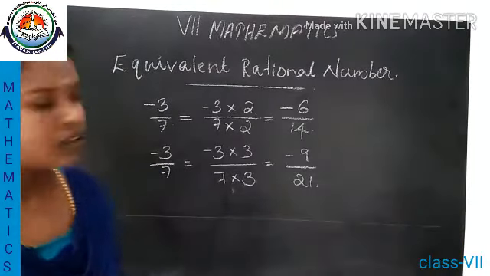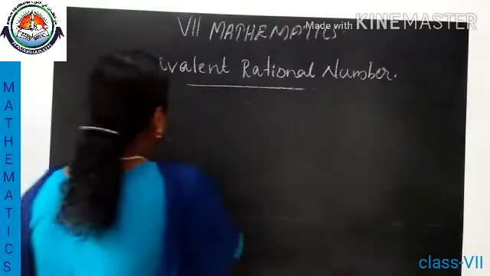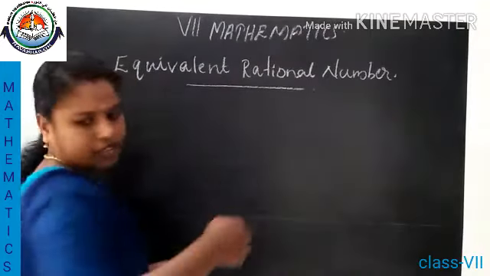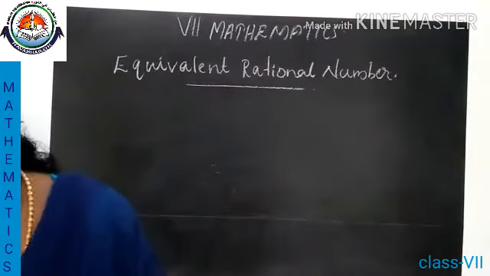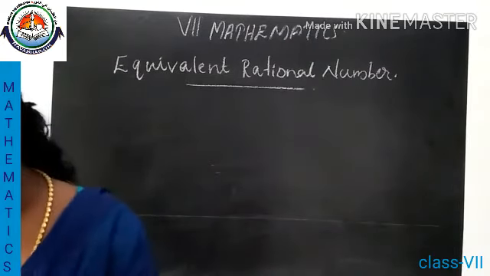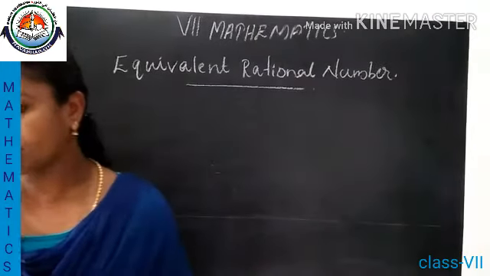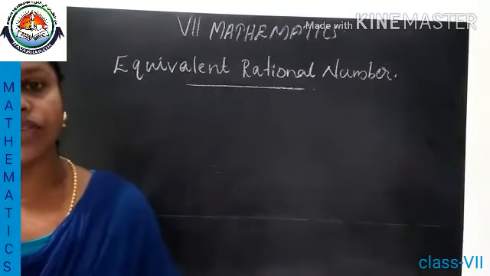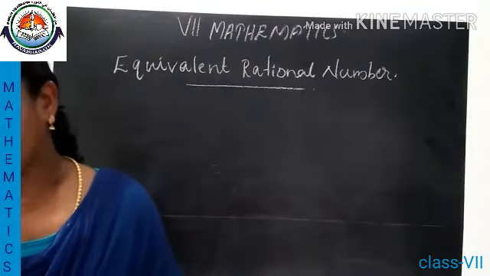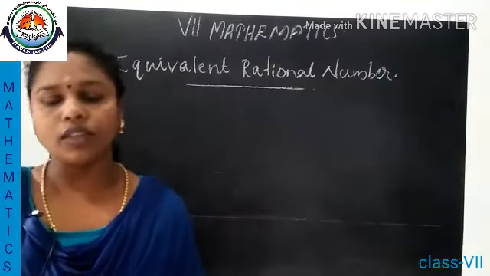Okay, then we can discuss a question from our exercise part, that is exercise 3.2. There are many questions. Write 5 rational numbers equivalent to each of the following.